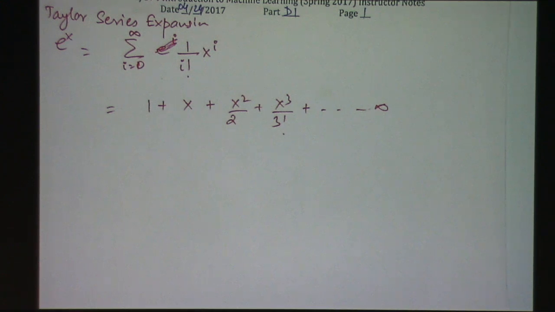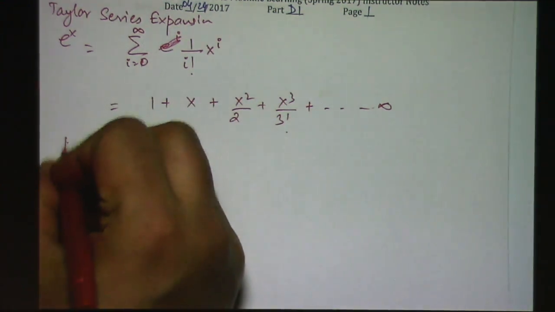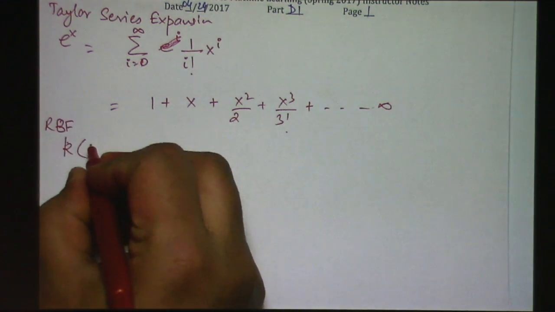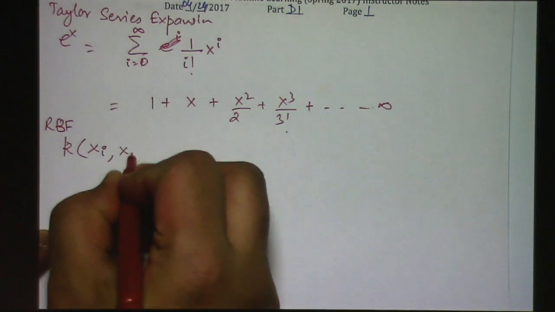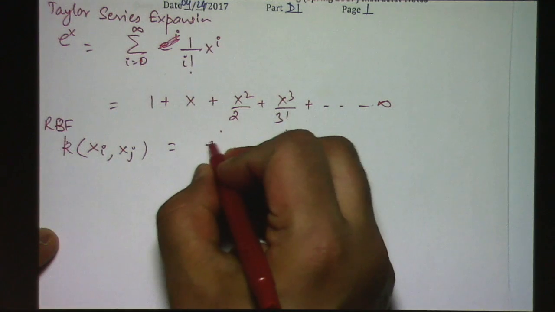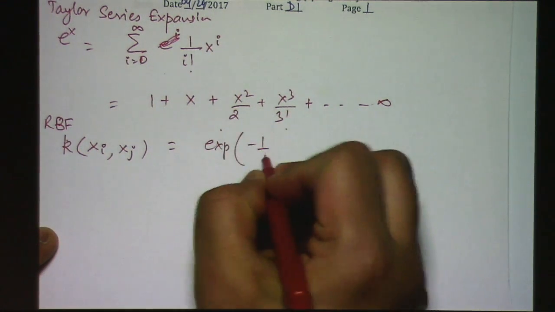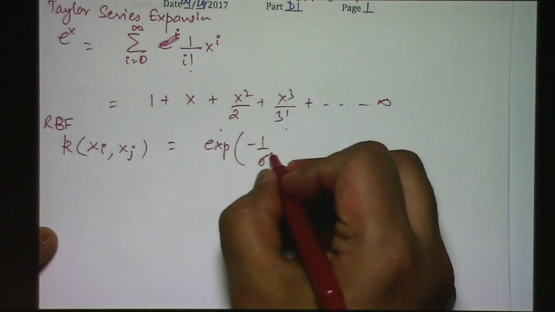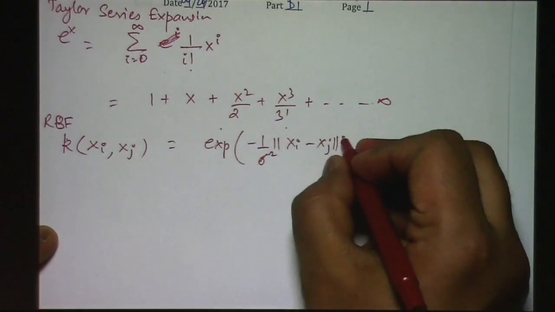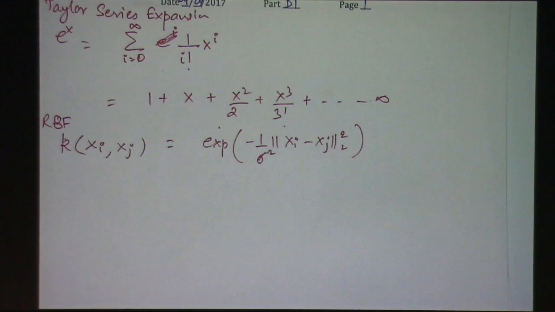Okay, so now let's look at it. What is the RBF kernel? The RBF kernel says that k between any two points xi and xj is given by exp of minus 1 over sigma squared times the L2 norm of xi minus xj, right?